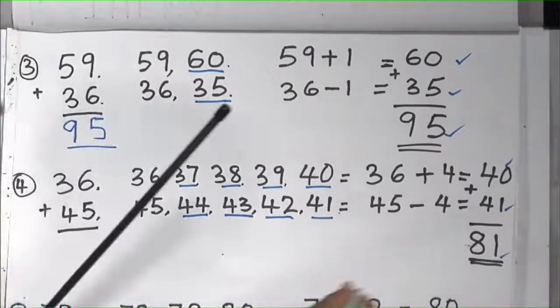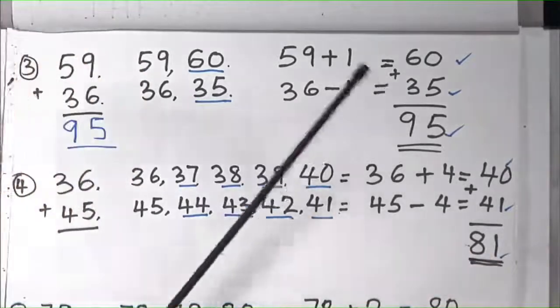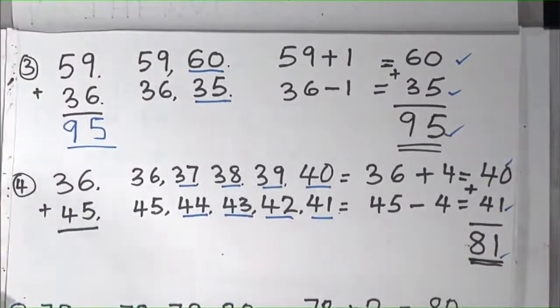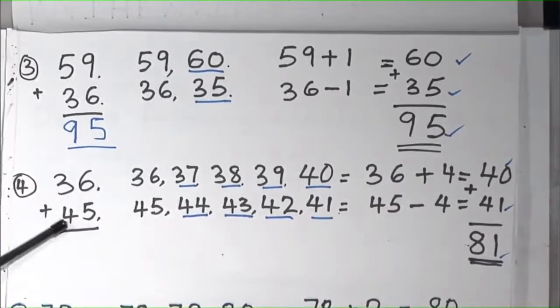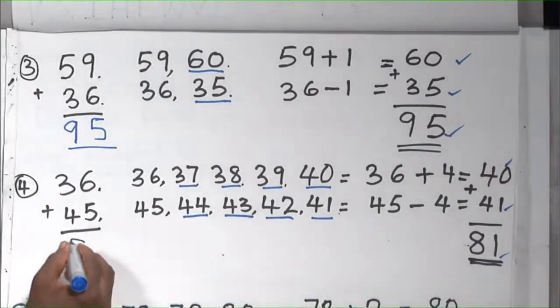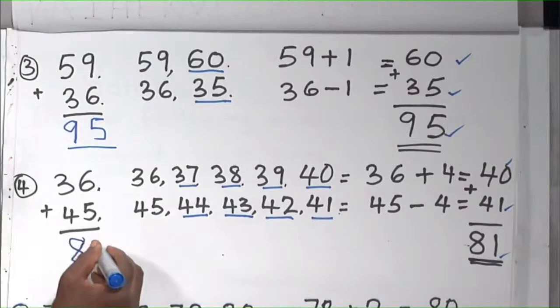Good. So our answer becomes 81, which is the same as 36 plus 45. 81.